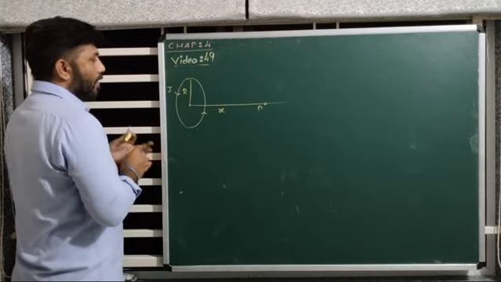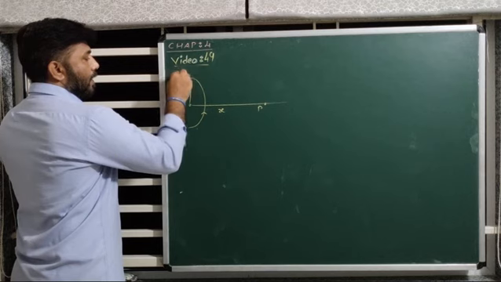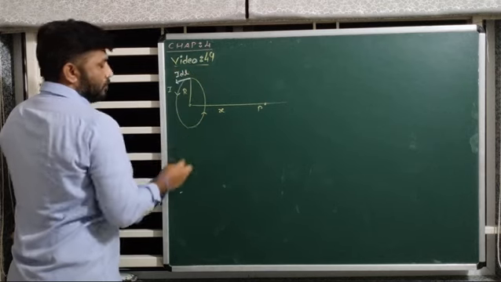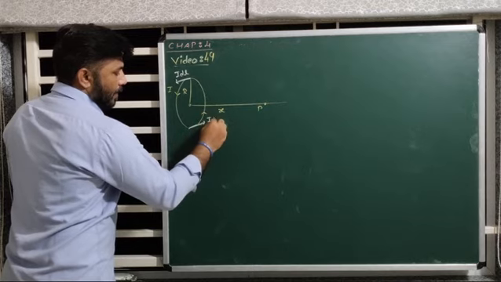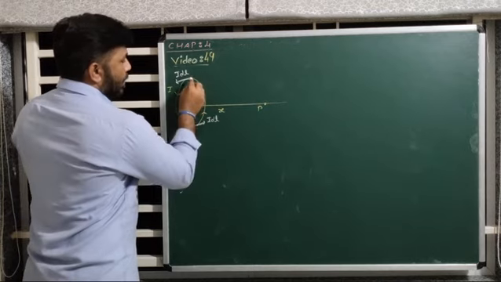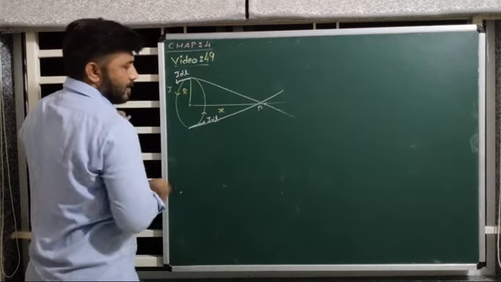Here you have to take two current elements, I dl and I dl. Then the magnetic field produced at point P is like this.